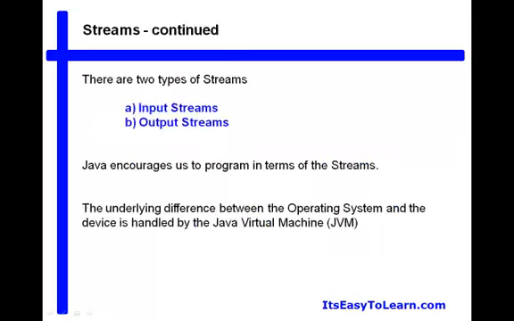And there are two types of streams, input streams and output streams. And Java encourages us to program in terms of streams. The underlying difference between the operating system and the device, input or output device, is handled by the JVM or the Java Virtual Machine.